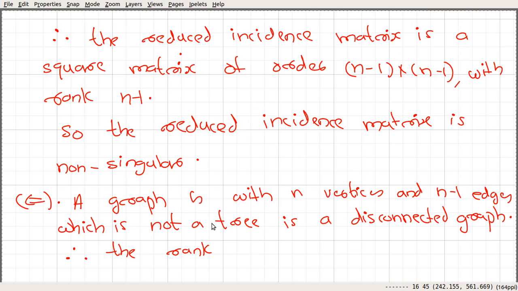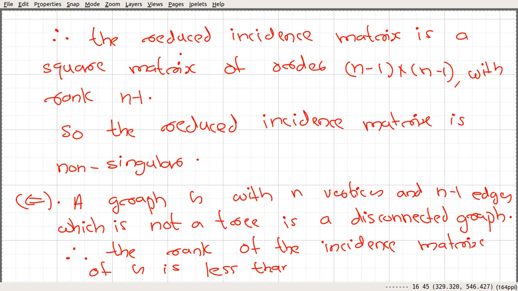So in this case, the rank will be strictly less than n minus 1. Therefore the rank of the incident matrix of G is strictly less than n minus 1.